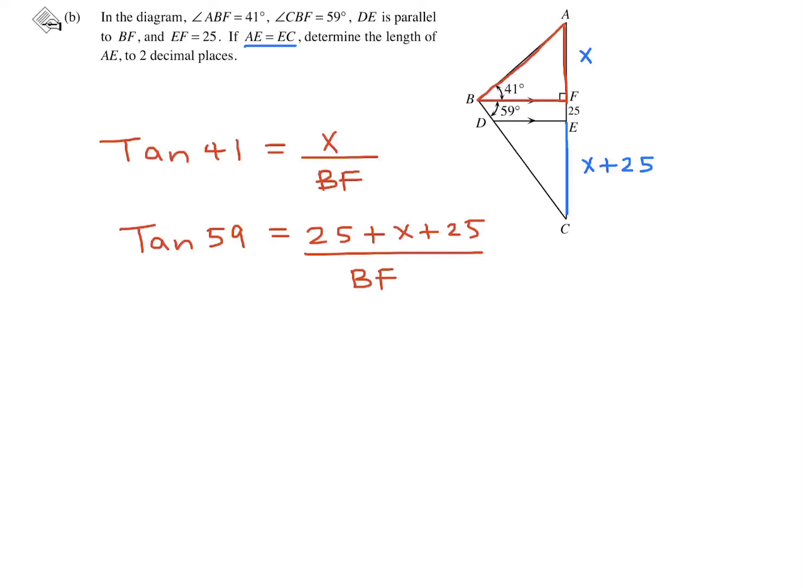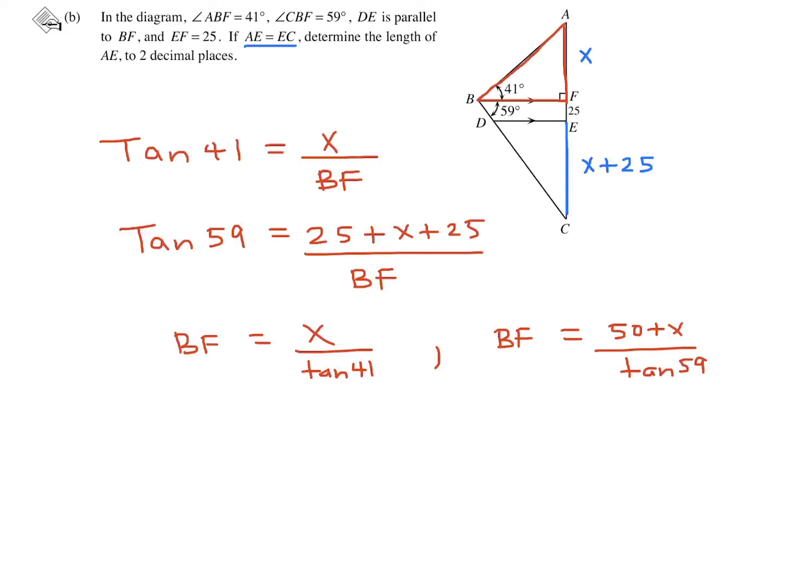All right? So in the first one, you get BF is equal to x over tan 41. And in the second one, you get BF is equal to 50 plus x all over tan 59.